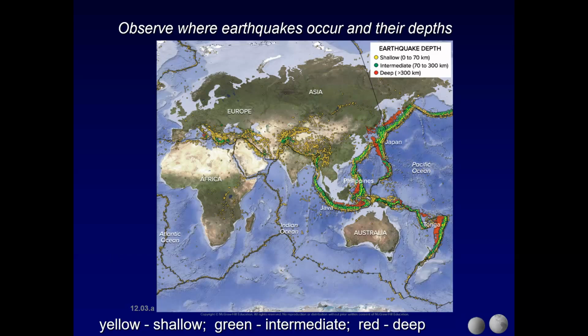All right, so what we see essentially is most of the broad range of depths here are occurring at subduction zones and arc areas. So you have Japan leading into the Aleutians over here, Java, Tonga.